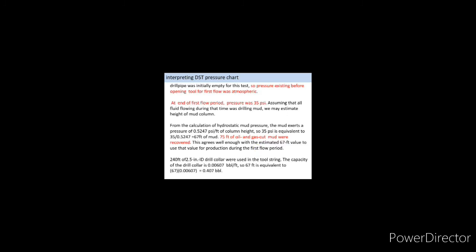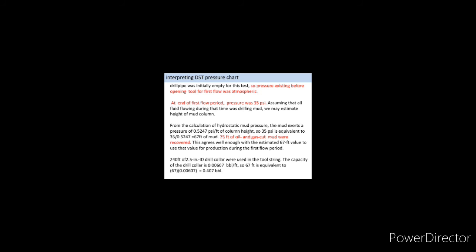Okay. Now we'll calculate the flow rate for the second flow period. At the end of the first flow, pressure was 35 psi.